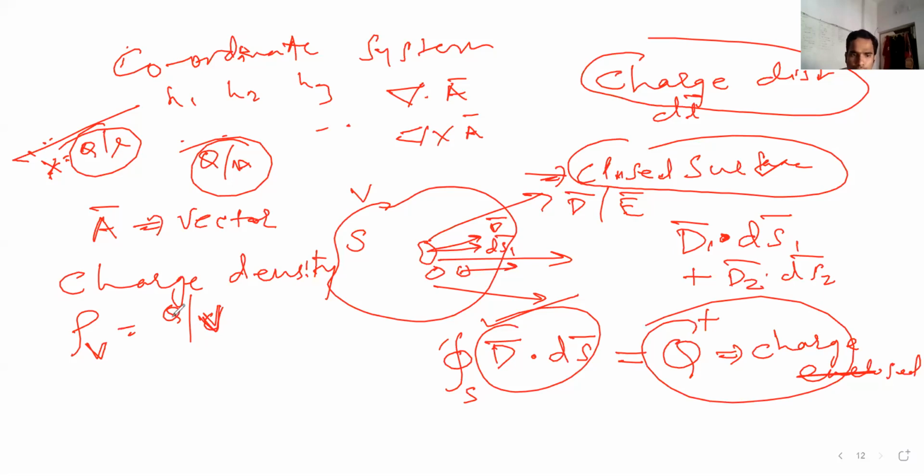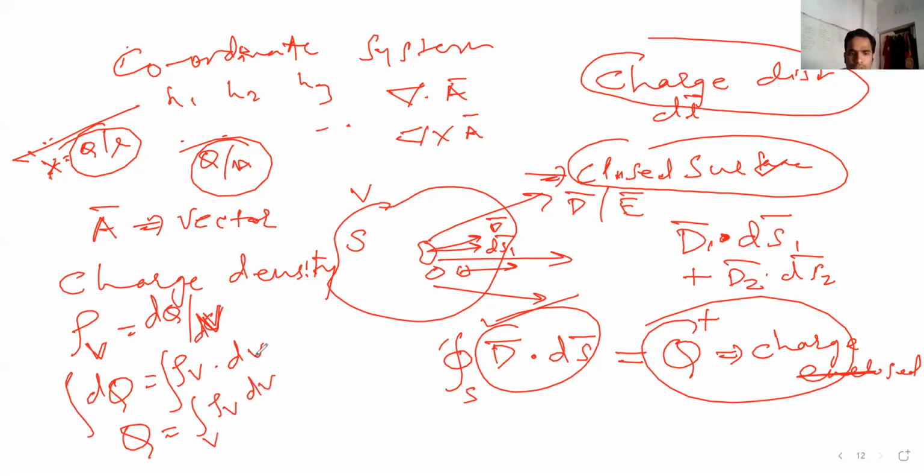So what will Q be from here? dq is rho v into dv, and if I want total Q, I integrate this: Q is the integral of dq, which is the volume integral of rho v dv. This is called the divergence theorem.